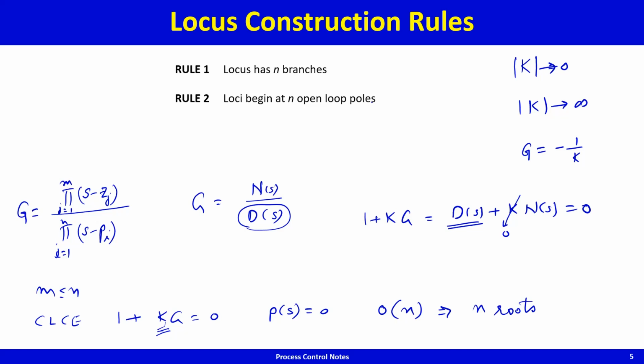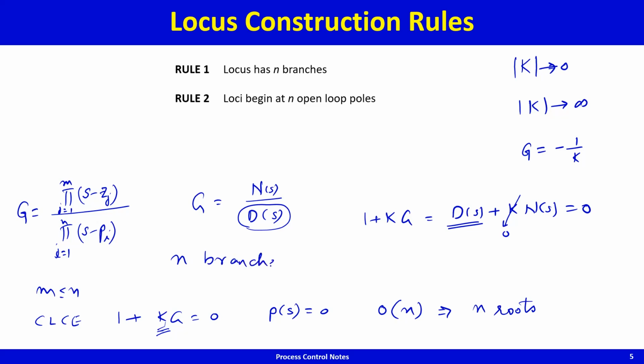When k goes to infinity, g must go to 0. g goes to 0 when s is equal to zj, or if m is less than n. So there are n branches.